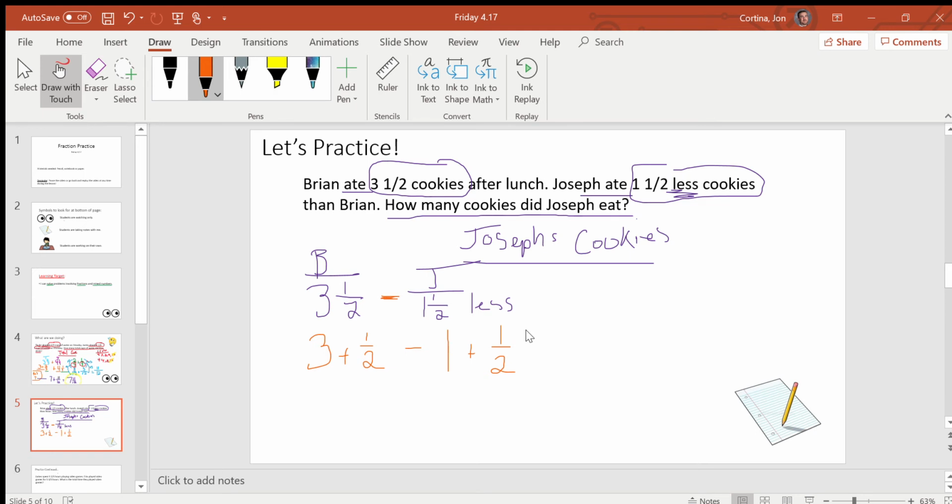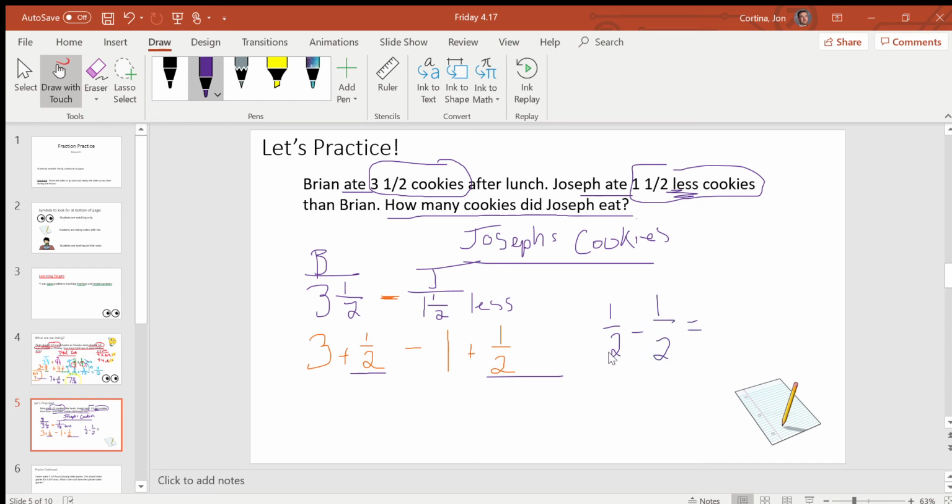Right? So for subtracting, remember when we subtract fractions or mixed numbers, we're going to start by doing the fraction first in case we need to regroup. A little bit different than the addition. We're just going to go opposite. So we're going to start with 1/2 minus 1/2.